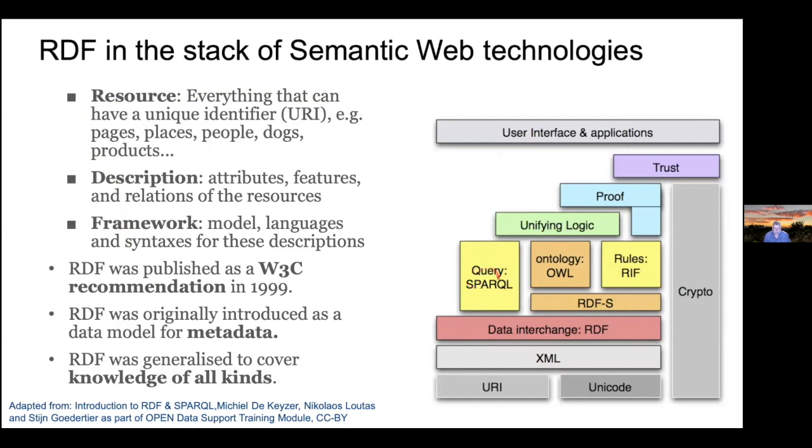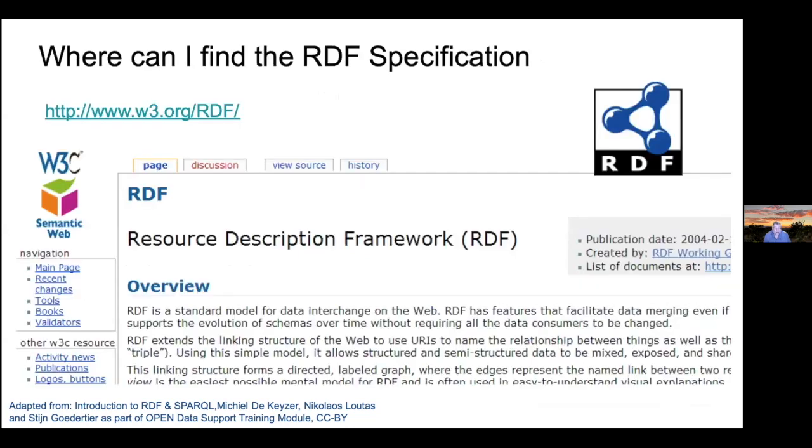You have SPARQL, which is the querying aspect of that, and then you have higher levels of logic and inference that can be applied. This has been around for a while, and is really now a way to represent this information. If you want to find out more about the specification, you can go to the W3C, and they have the RDF spec online for you there.